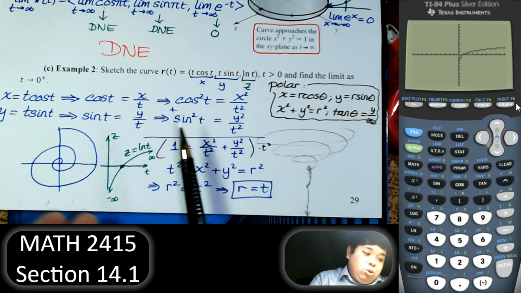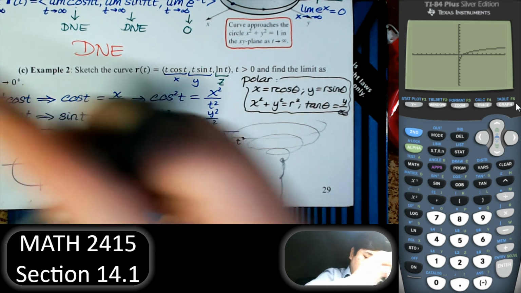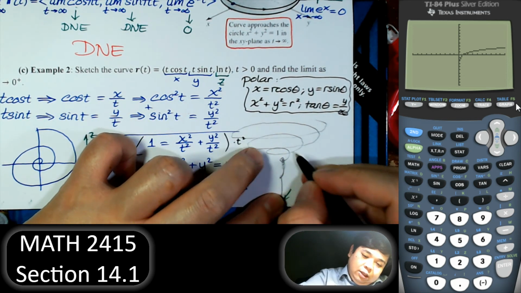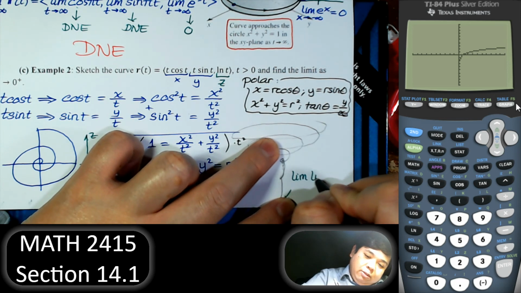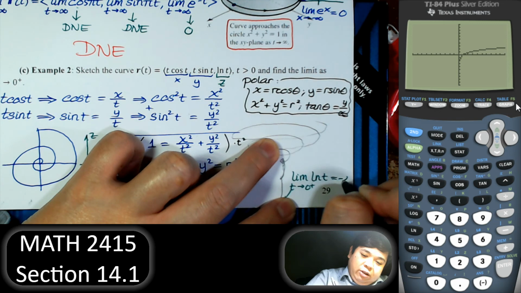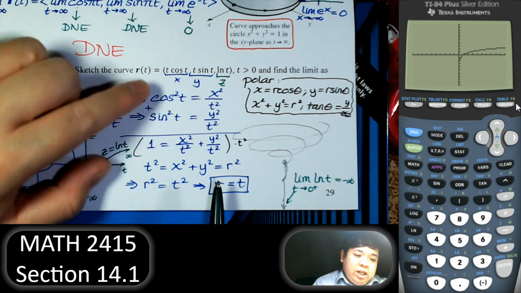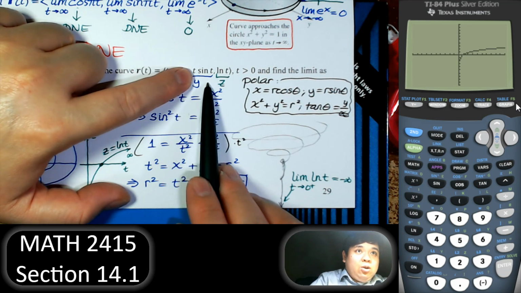But when t goes to 0, the limit of ln of t as t goes to 0 from the right is equal to negative infinity. But when t goes to 0, that goes to 0, that goes to 0.